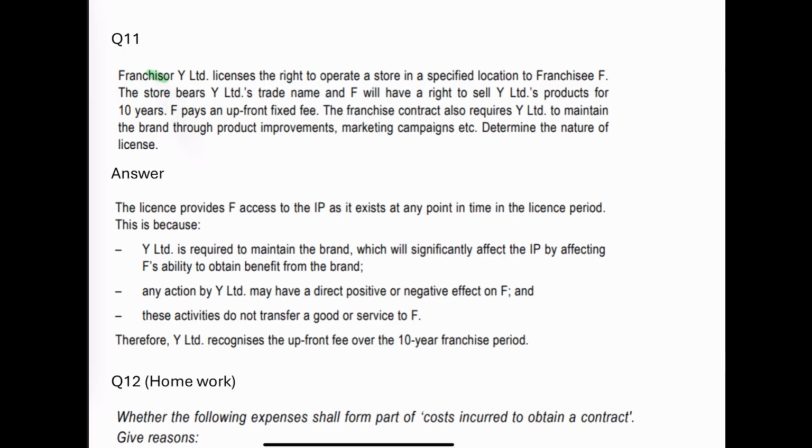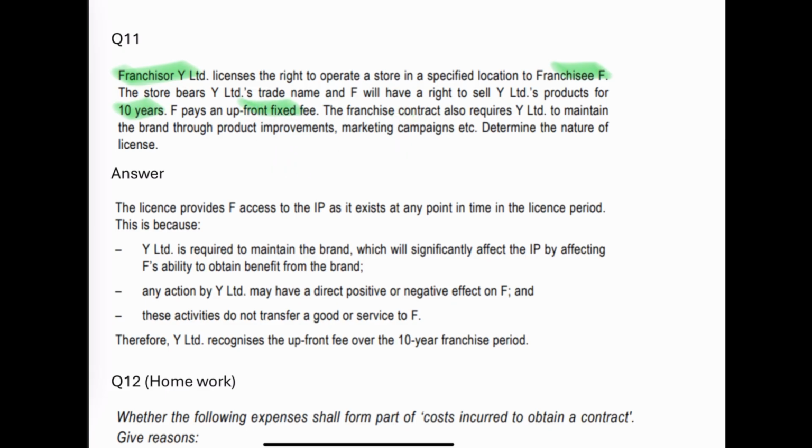Here franchisor Y Limited licenses the right to operate a store in a specified location to franchisee F. So you have franchisor Y and franchisee F. The store bears Y Limited's trade name, and F Limited will have a right to sell Y Limited's product for 10 years. And F pays an upfront fixed fee.